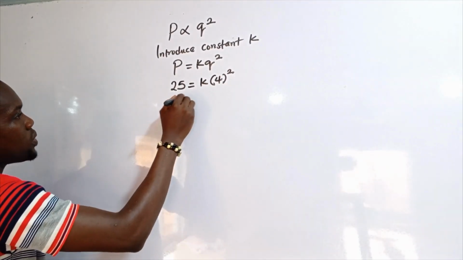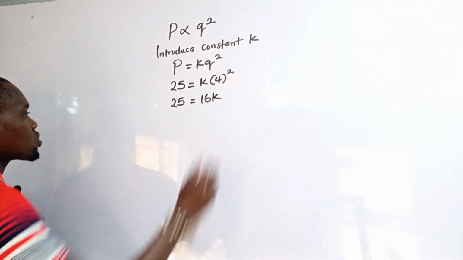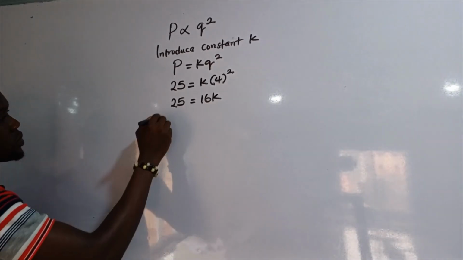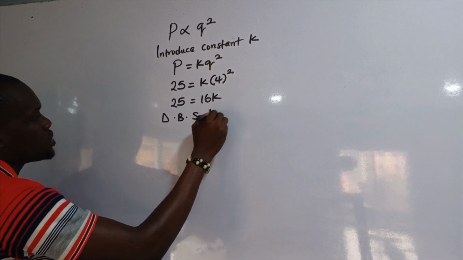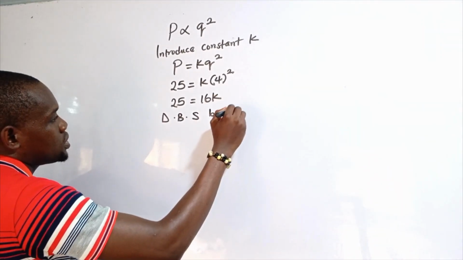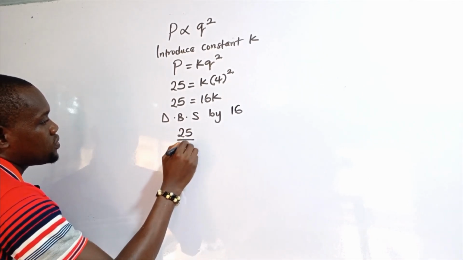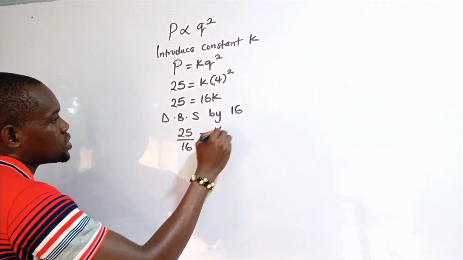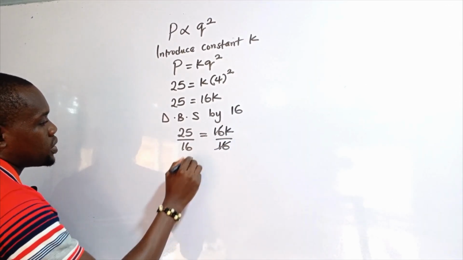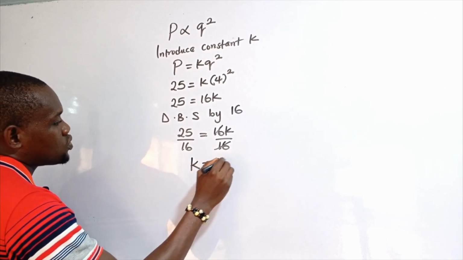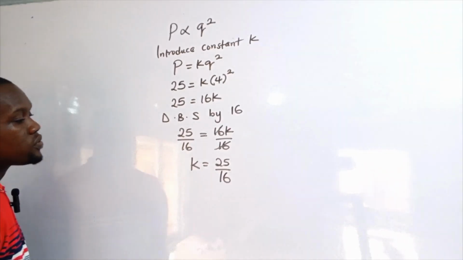That means our expression will be 25 is equal to 16K, because 4 squared is 16. So when we divide both sides by 16, we are going to have 25 over 16 is equal to 16K over 16. So from here, we are going to have 25 over 16 as the value of our K.